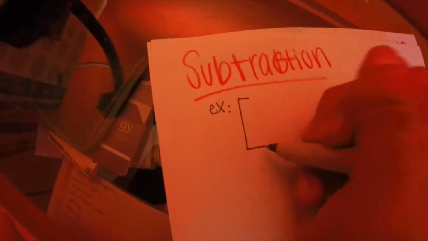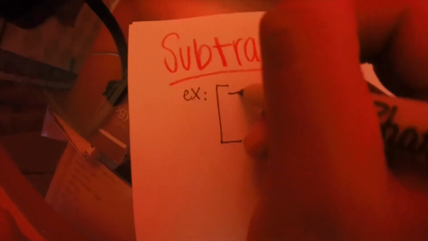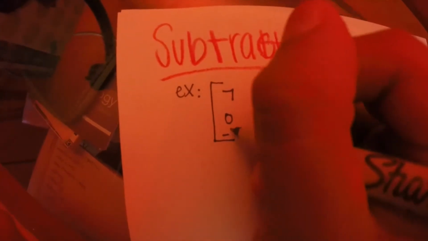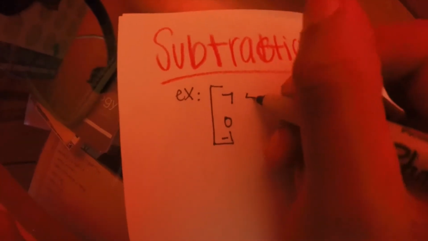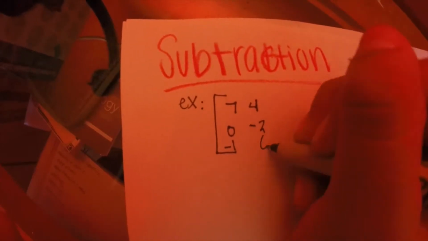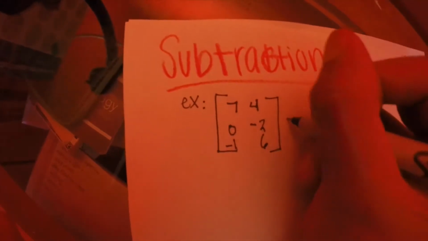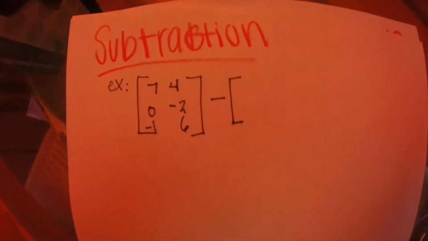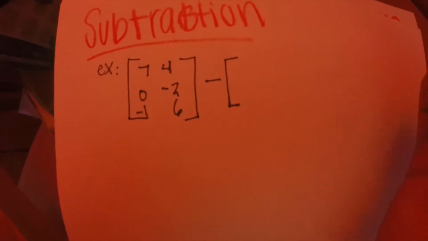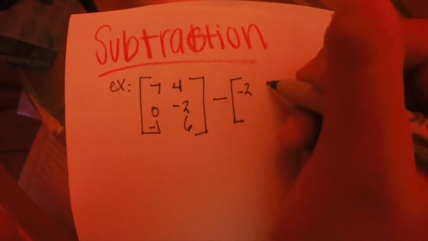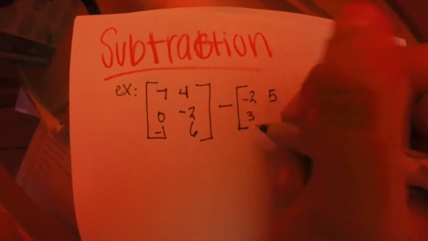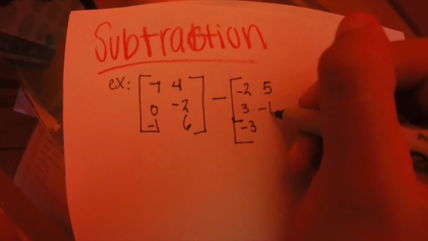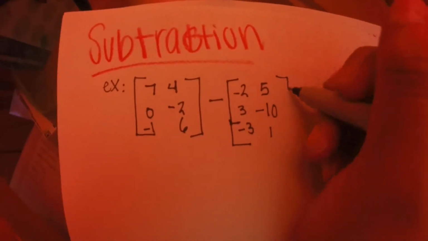So you understand with an example with a matrix which is 7, 0, -1, 4, -2, and 6 minus -2, 5, 3, oopsies, -3, -10, and 1.